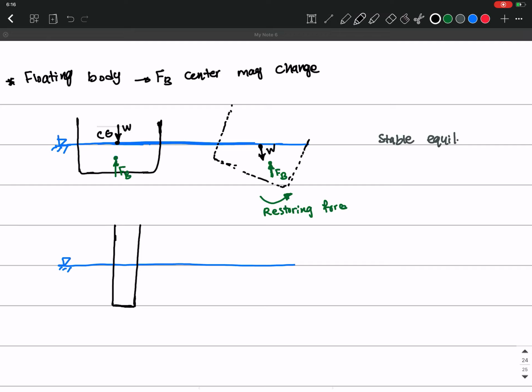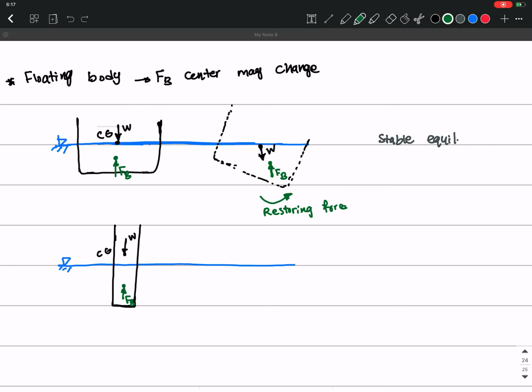The center of gravity is somewhere here. So we have the weight of it, so this is the center of gravity. And then the buoyancy force is going to be at the center of where we have occupied the water, so it's going to be the center here.